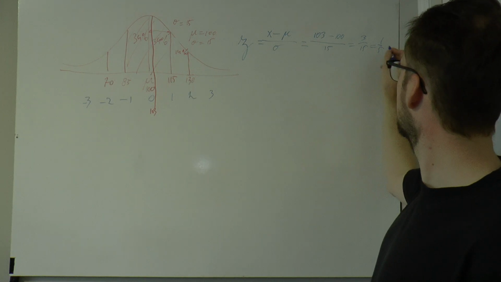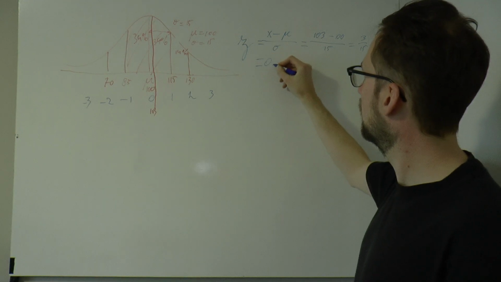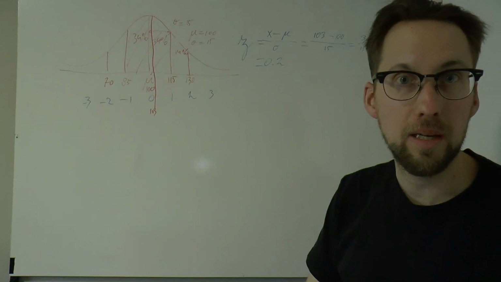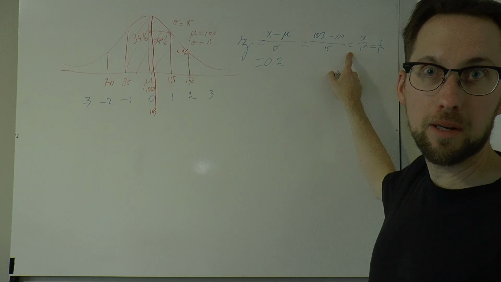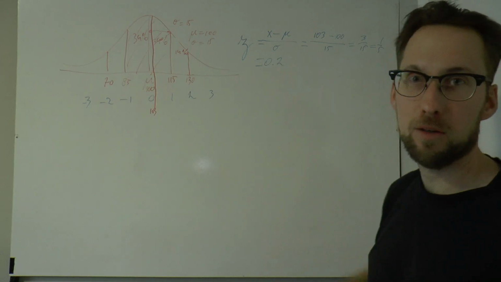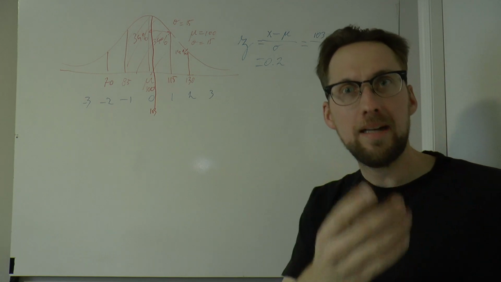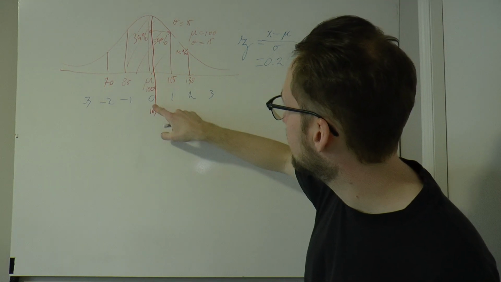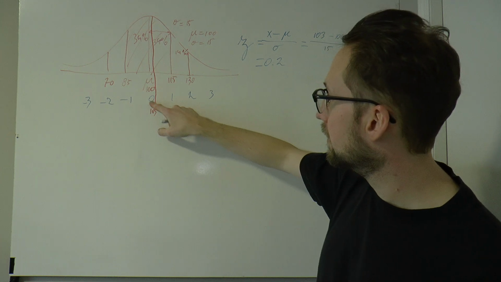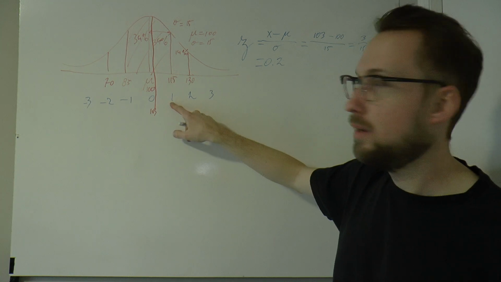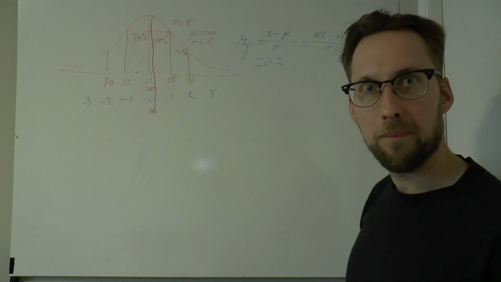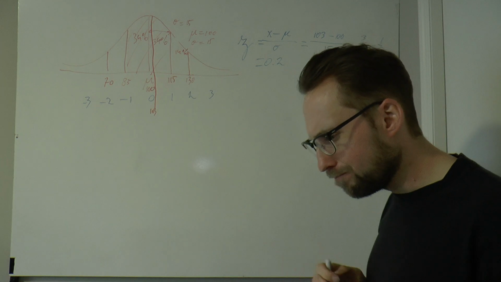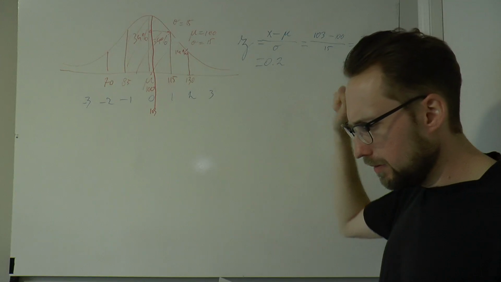And 1/5, as you may know, is 0.2. Now if you don't know that from the top of your head, that's fine too. Just put 3 divided by 15 in your calculator and I guarantee you're going to find 0.2. Well, what did I say? Did we not expect a z-score a little bit bigger than 0 but quite a bit smaller than 1? Pow! We can do this. Okay, so that's his z-score.